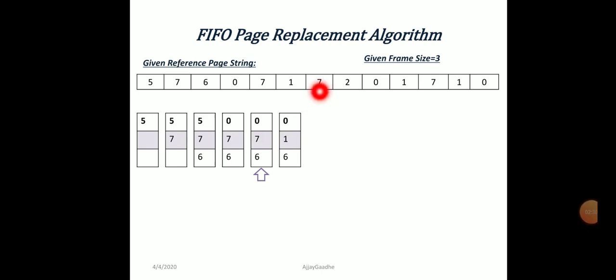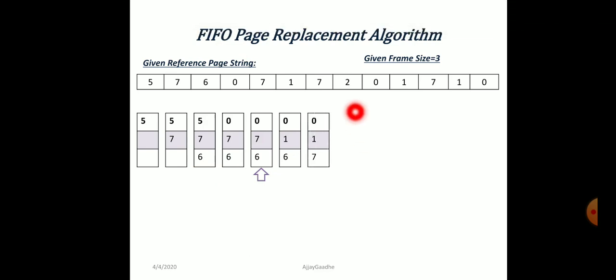Next requested page is 7. It is not present in the main memory, so it is a page fault. As per FIFO, out of 0, 1, 6, 6 is the oldest page, so 7 replaces 6.